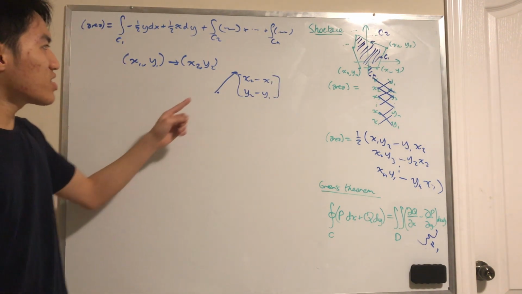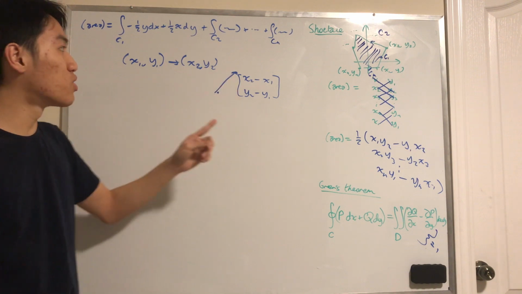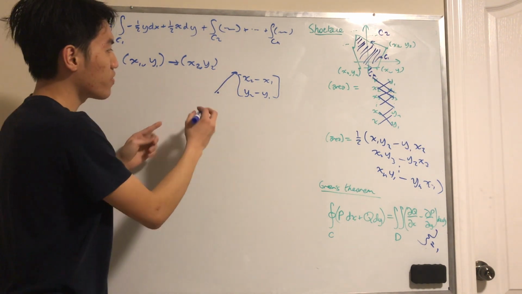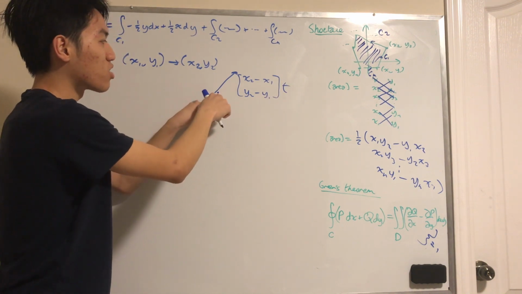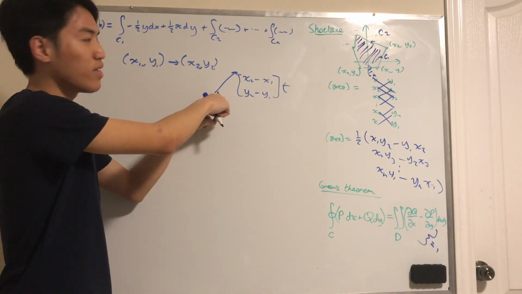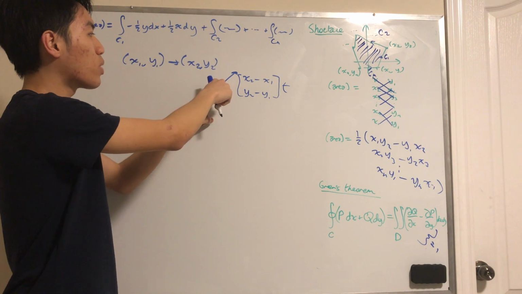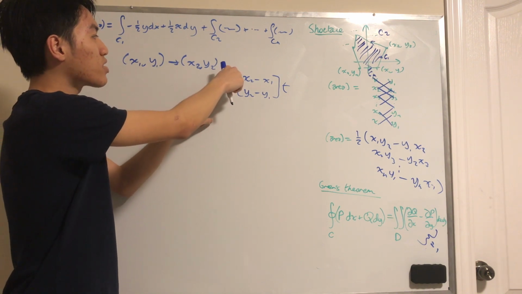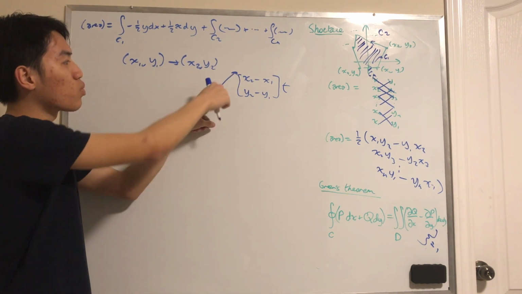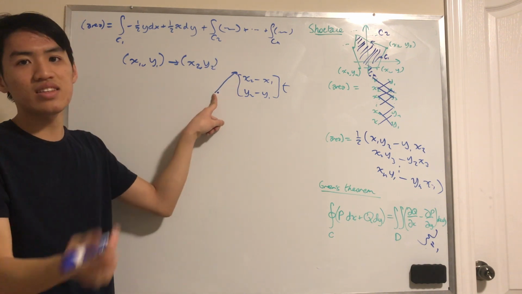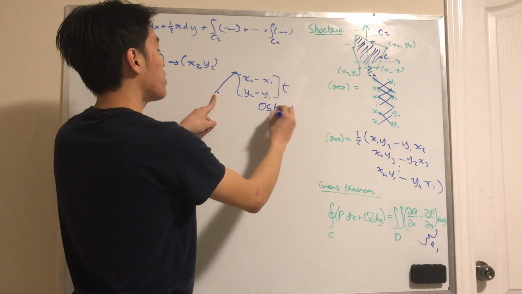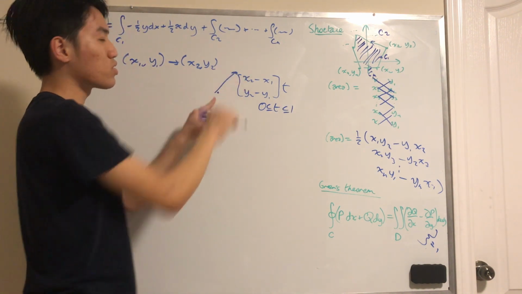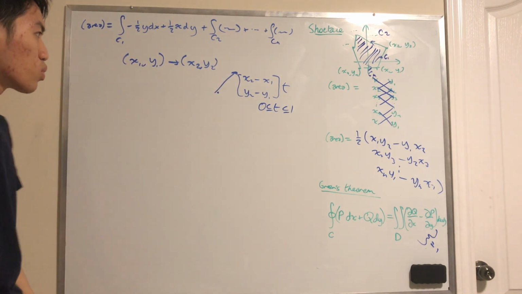If I scale this with values from 0 to 1, then when t equals 0, I'm at the starting point, x1, y1. If t is 1/2, I'm halfway there to x2, y2. And if t is equal to 1, I've made it all the way. So if I let t take on all the values from 0 to 1, I'm going to include the values along the line segment, just as we wanted.